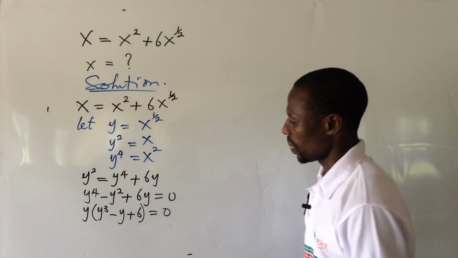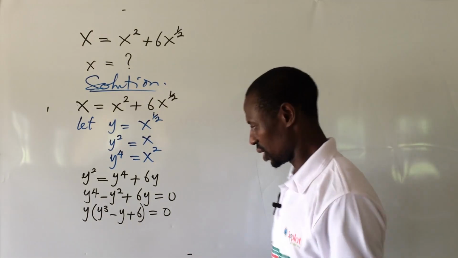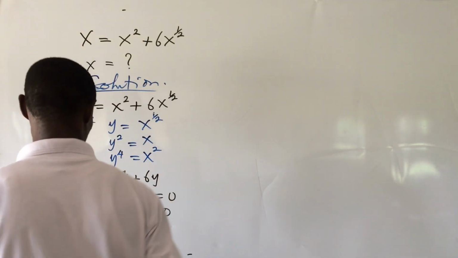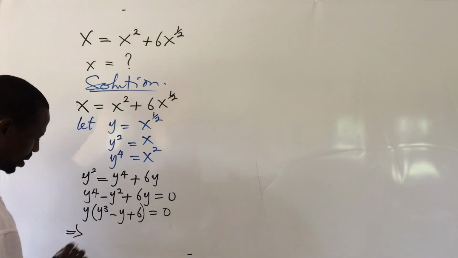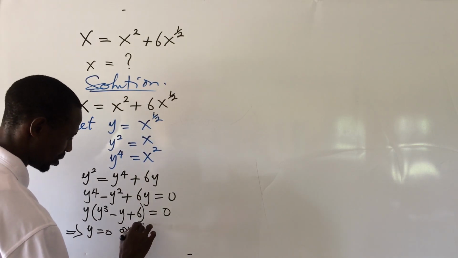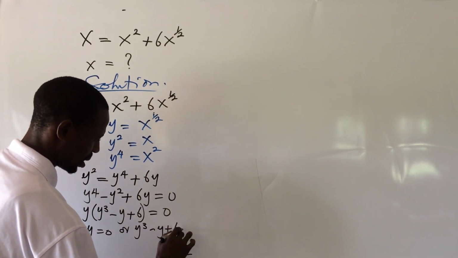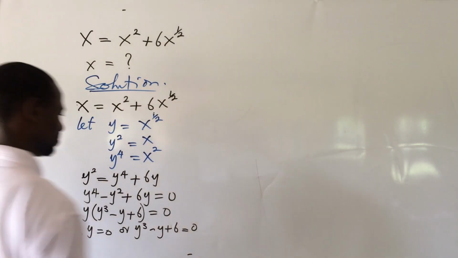Now we have y multiplied by the whole of this. If we use the zero product rule, this implies y equals 0, or y to the power of 3 minus y plus 6 equals 0.